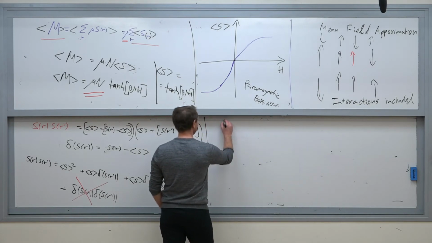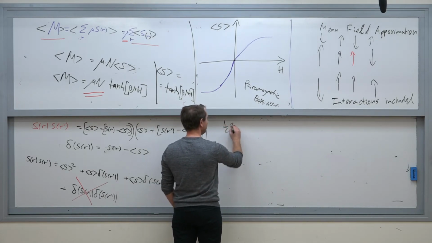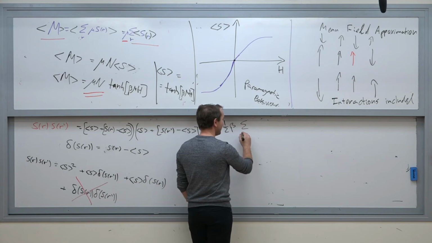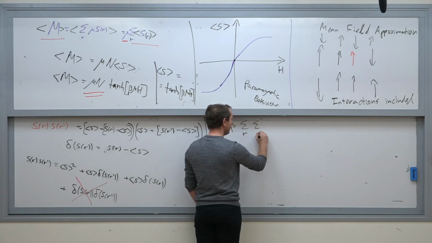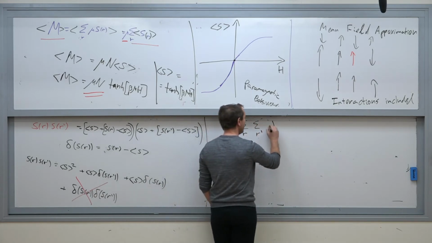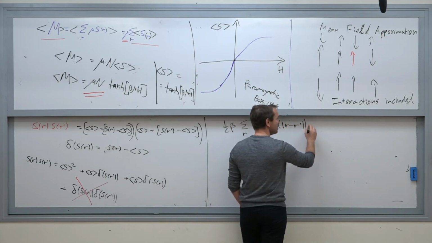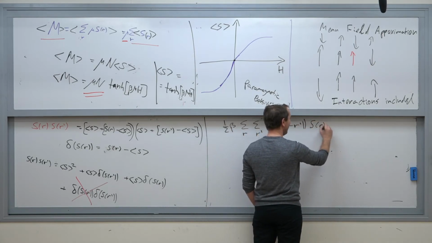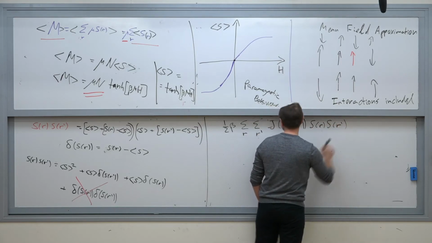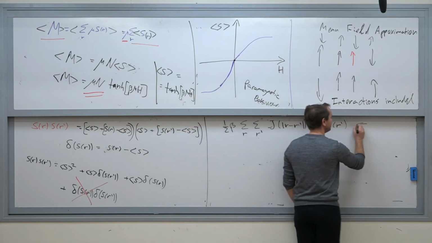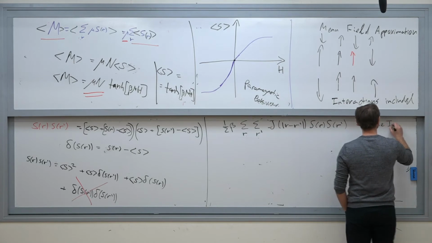Now, 1/2 beta, a sum over r prime, j of r minus r prime, multiplied by sr prime. So this is the interaction term.